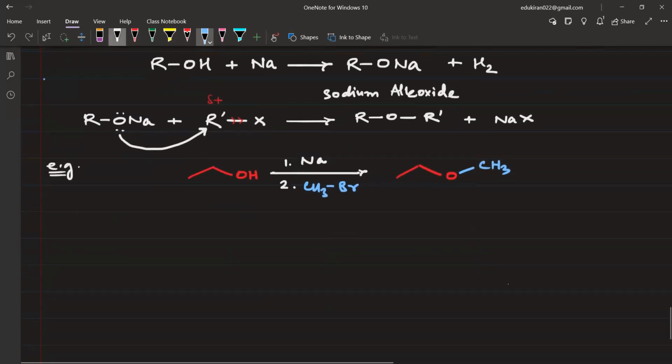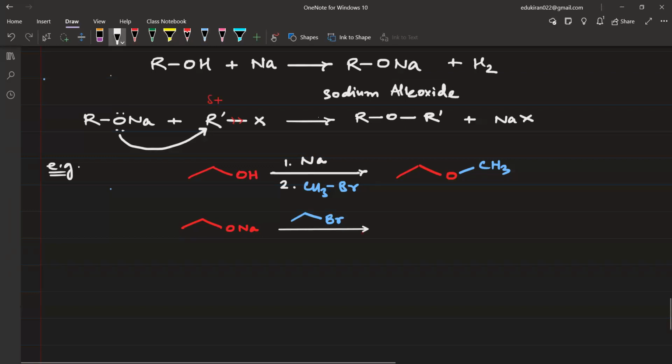Sometimes you may see something like this also. Please see. You have sodium alkoxide, and it is being treated with, let us suppose, Br like this.